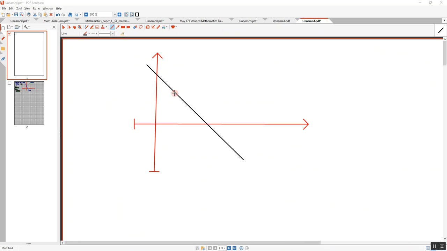So let's imagine we got a line like this, and let's say that it is y is equal to -2x plus 3, okay? Everybody watching?